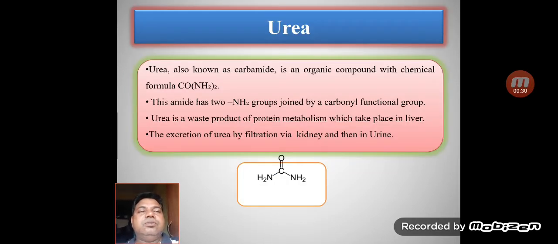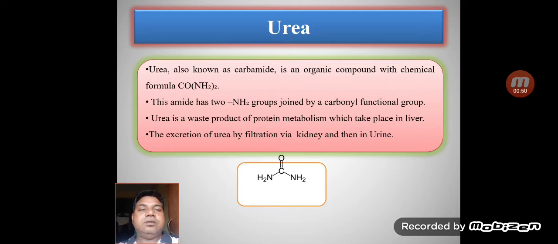Urea is also called carbamide, and it is an organic compound with the chemical formula NH2CONH2. This amide has two amine groups, NH2, joined by a carbonyl functional group.